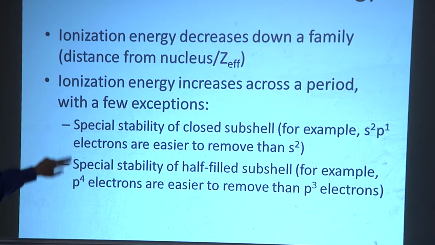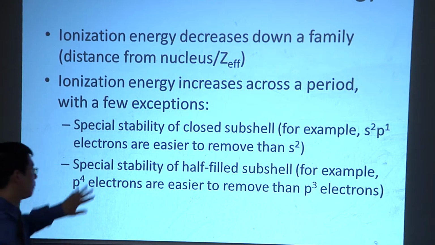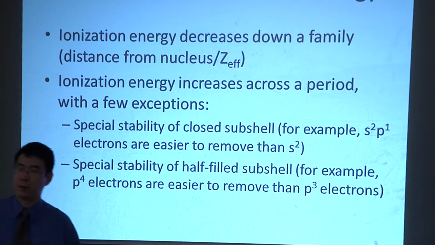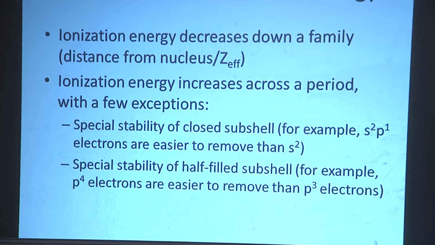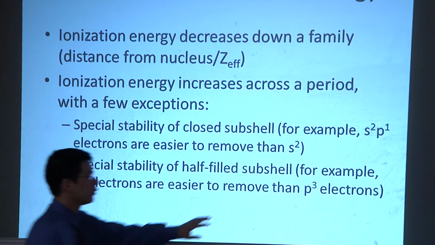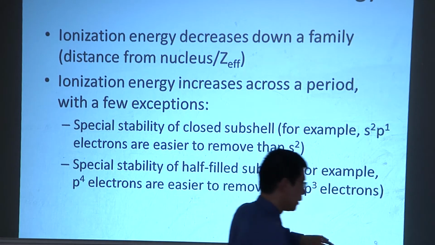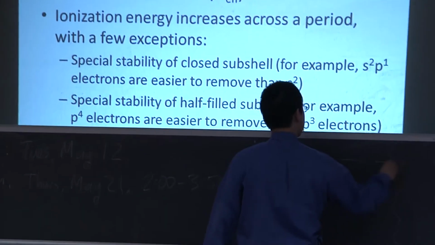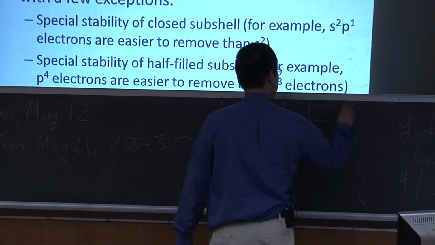The second special stability is the stability of a half-filled subshell. So for example, if you have p4, remember how many p orbitals do you have? In each level, you have 6 p electrons. You have 3 p orbitals. Right, so 6 possible electrons. If it's half filled, it's going to be p3. And when it's p3, you're going to fill them 1, 2, 3.